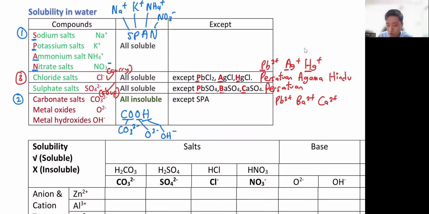So you can memorize PAH: when you meet Cl-, it is insoluble. PbBaCa, when you meet SO4 2-, is also insoluble.